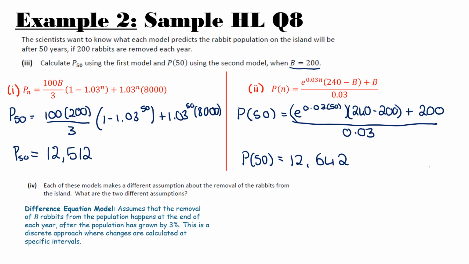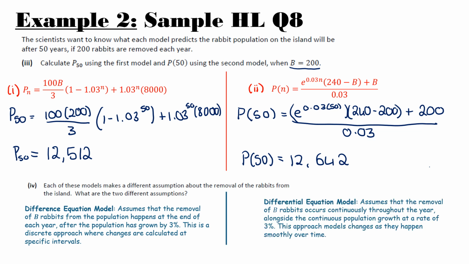So the difference equation model assumes that the removal of rabbits is happening at the end of each year after the population has grown. We talked about this at the start of the video, the idea of difference equations being discrete. The changes are happening at incremental times. While the differential equation model assumes that the rabbits being removed is happening throughout the year.